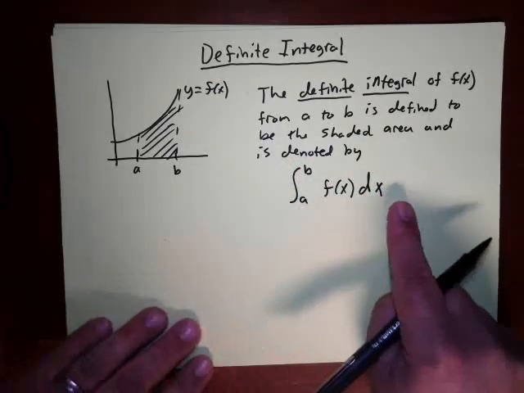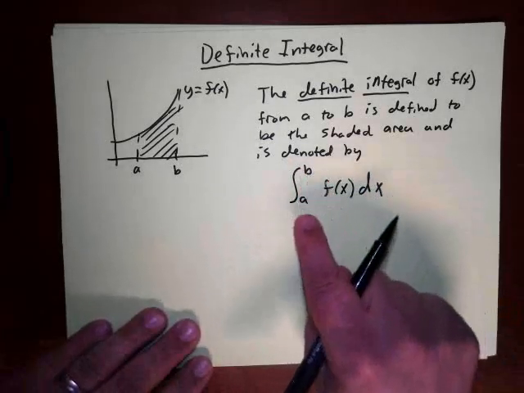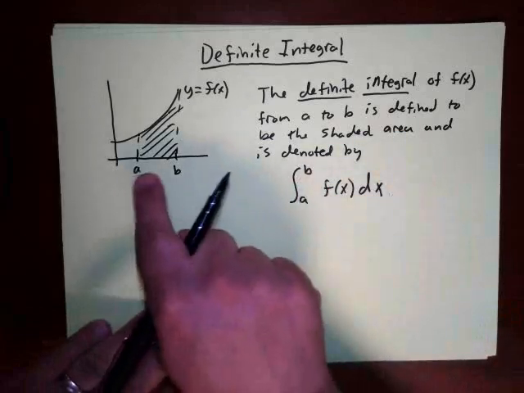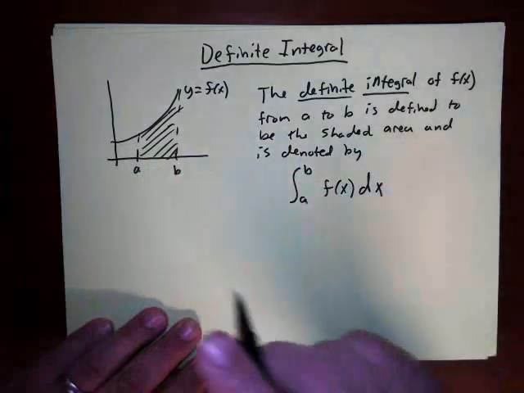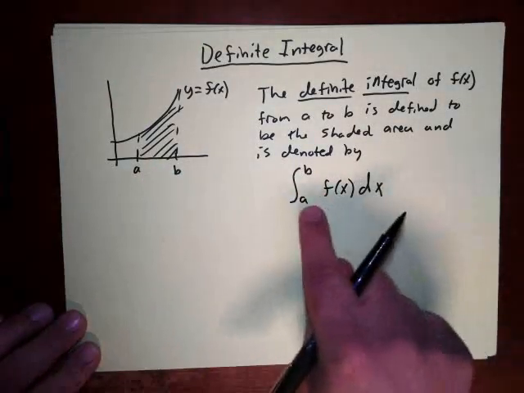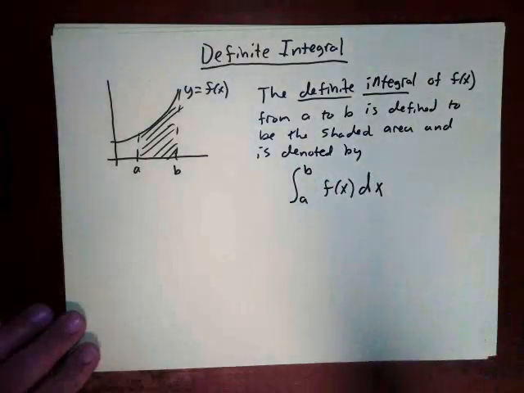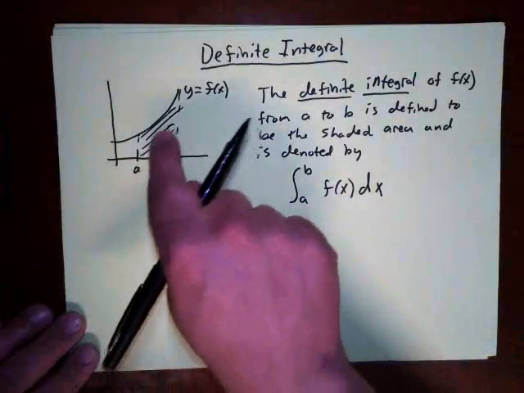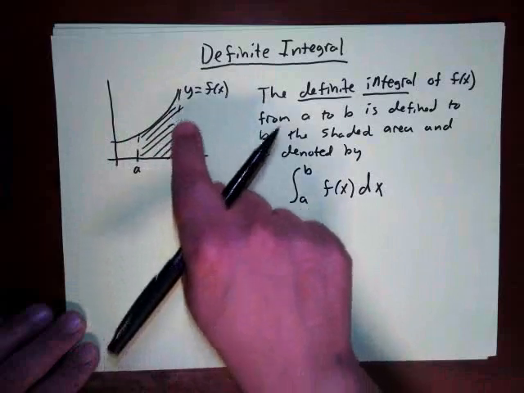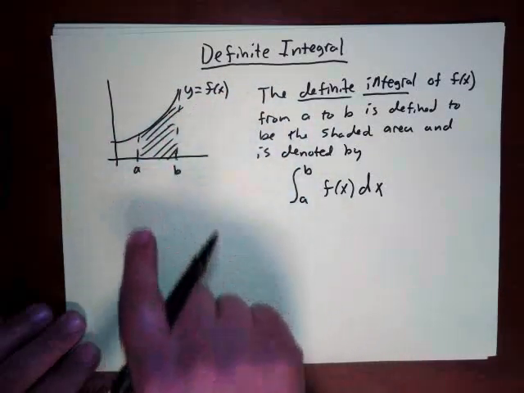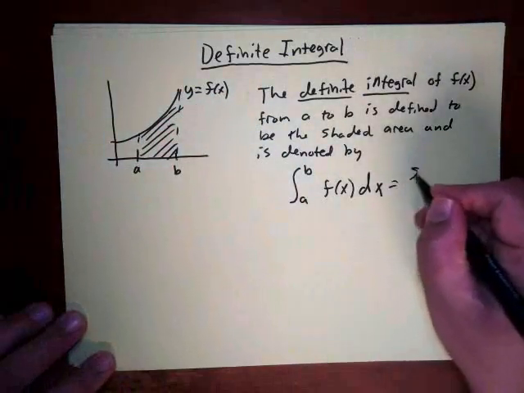Okay, that was the indefinite integral. When you put A and B on there, two numbers representing the two endpoints of this interval, then you have a definite integral, and the definite integral has a numerical answer, and it's equal to the area underneath the curve, or underneath f of x from A to B. So this is equal to the shaded area.